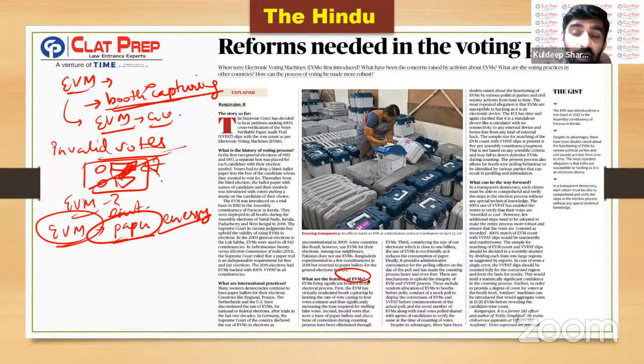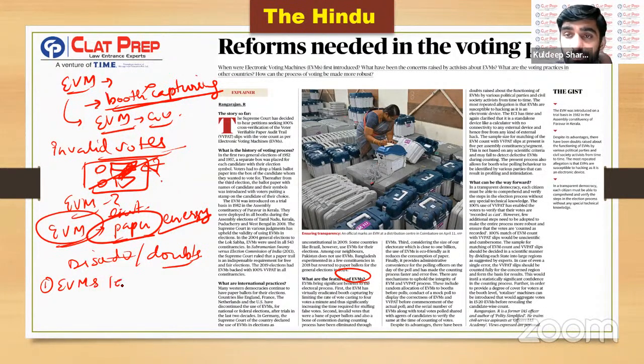You can understand that. After this, some disadvantages are also given. Disadvantages, what are they majorly? Not disadvantages, what are the doubts? So one of the doubts which many political parties and civil societies raise from time to time is that they believe that EVMs can be tampered with, because they are electronic devices and like any other electronic device, EVMs can also be tampered with.